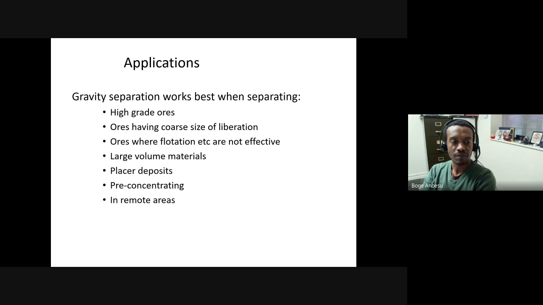They can be even transported from place to place very easily, as they are very small as well. You could use gravity separators in those areas as well. And therefore, again, where you use a gravity separator would depend on a number of factors. In some cases, they work well and they're applicable. In some cases, they will be very limited, and you need to consider other options for beneficiation.